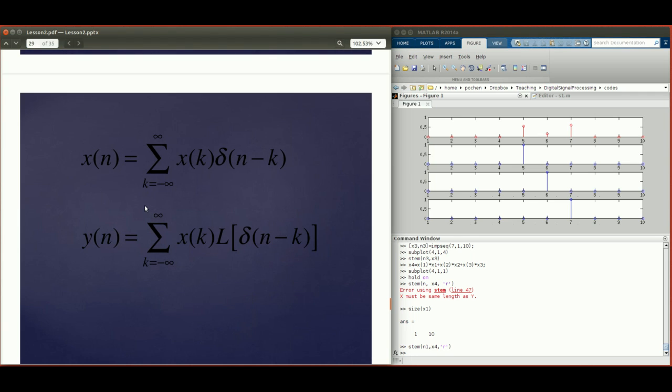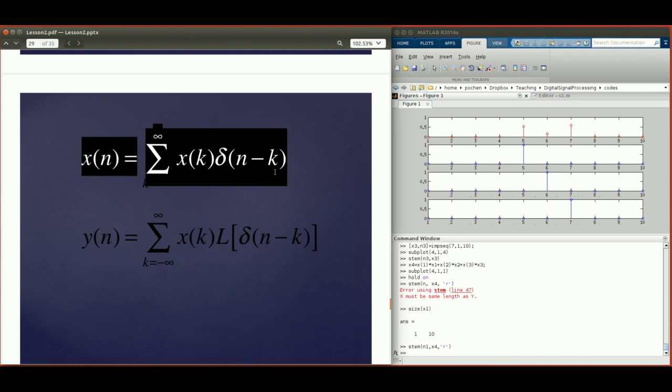So if we have this linearity property for system L, and we express the input signal x[n] as a superposition of shifted pulses, then what's going to be the output? You put L in front of x[n] on the left-hand side, and then you can put L in front of this summation.